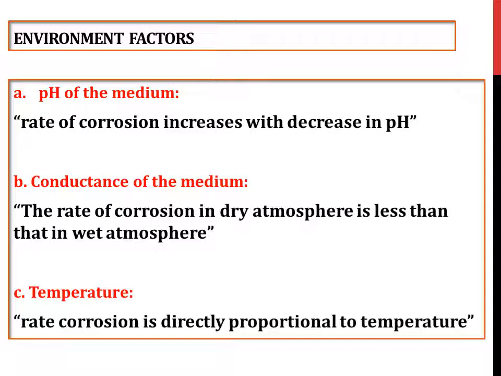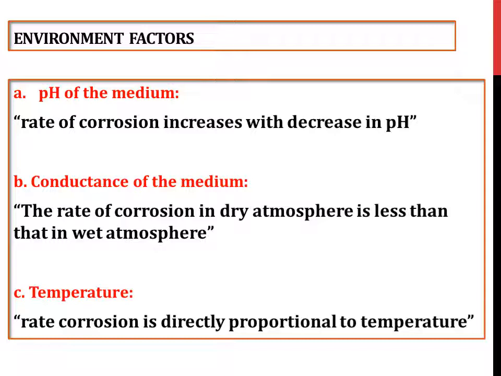And next is the temperature factor, how temperature will affect the rate of corrosion. In general the rate of corrosion is directly proportional to temperature. An increase in temperature will increase the rate of corrosion. Increase in temperature increases the conductance of the medium also and results in an increase in the diffusion rate, and obviously corrosion progresses faster at higher temperature.